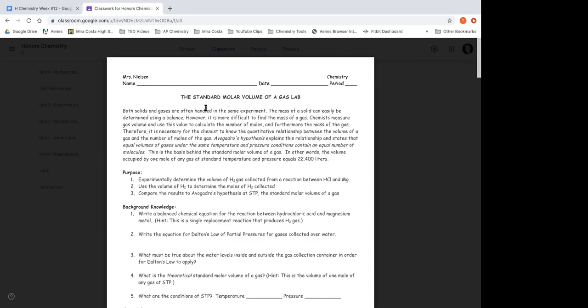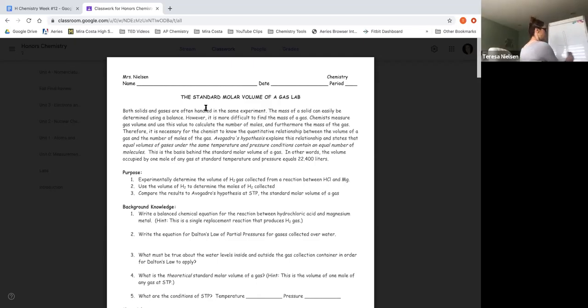Avogadro's hypothesis explains this relationship and states that equal volumes of gas under the same temperature and pressure conditions contain an equal number of molecules. This is the basis behind the standard molar volume of a gas. In other words, the volume occupied by 1 mole of any gas at standard temperature and pressure equals 22.400 liters.